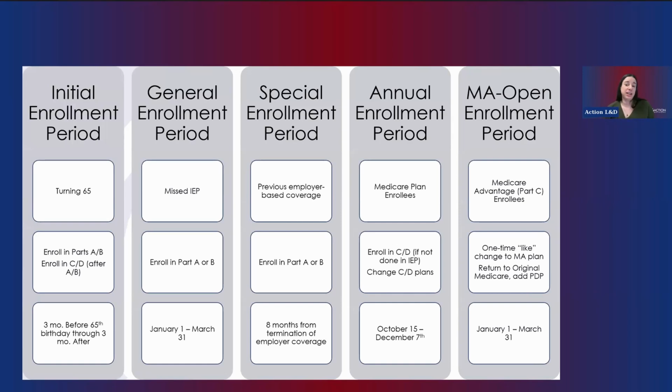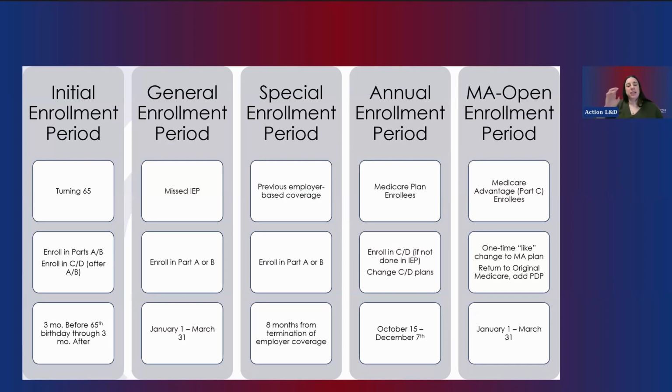You might choose not to do that at that point, but that is usually when a lot of people jump in. A special enrollment period is another one you're going to see a lot. That might be when someone quits their job and then can get onto Medicare, or maybe they move, or we'll talk about it in the expertise version of the show.